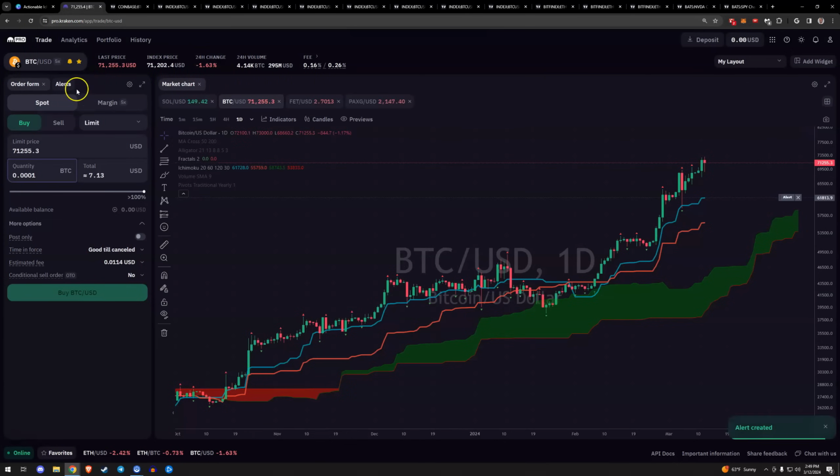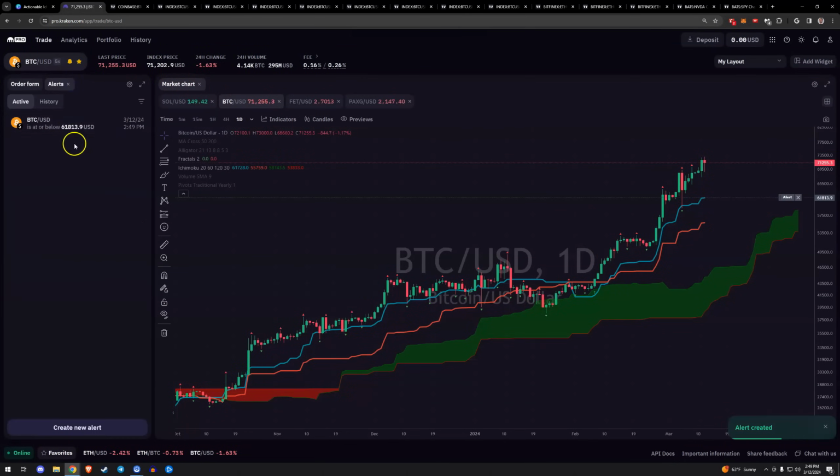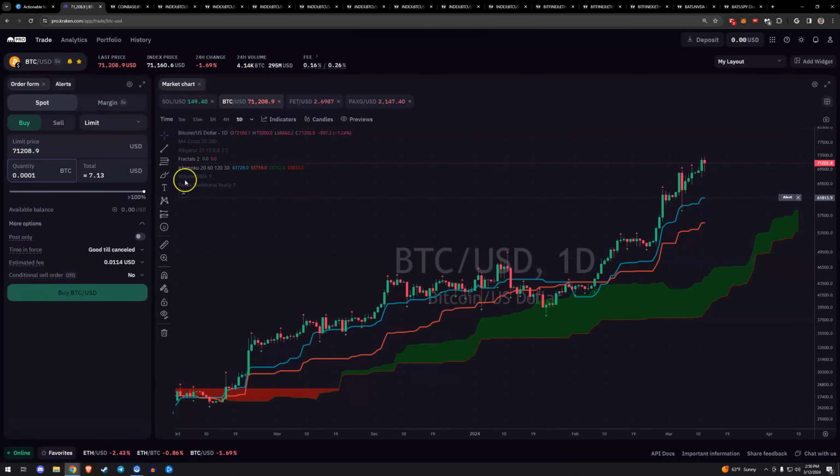It'll create the alert, and then it throws that in the alerts tab up here. And if you have the app on mobile, which is great, it sends you push notifications when those alerts are triggered. There's also a history section here that shows when those alerts were triggered. So super valuable if you're actually trading actively in the market.